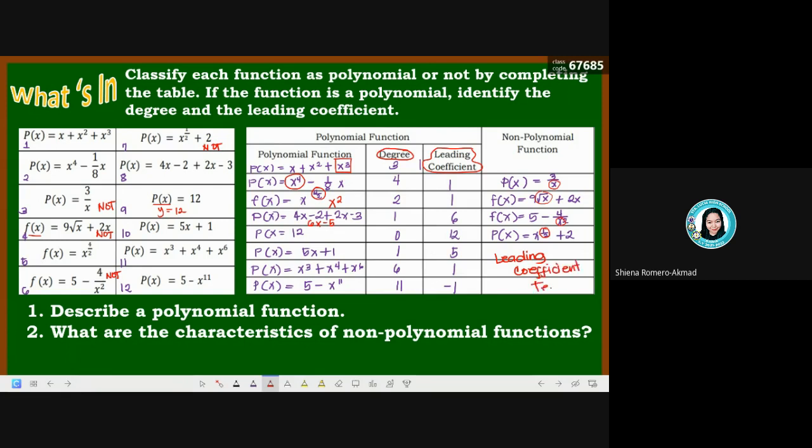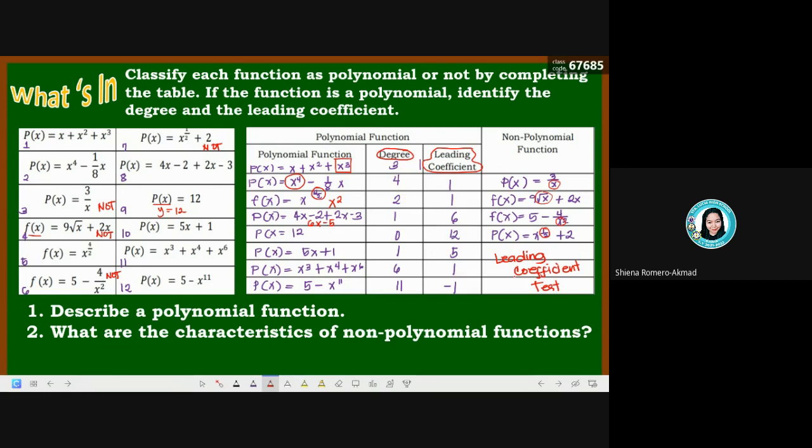Okay, so the leading coefficient test is you are going to test the leading coefficient or identify the leading coefficient and the degree, and by doing those, you are going to identify the behavior of the graph. Okay, so ang pinaka-goal natin dito is to graph a polynomial function. That's why we have to understand the polynomial function itself para maintindihan natin yung graph niya.